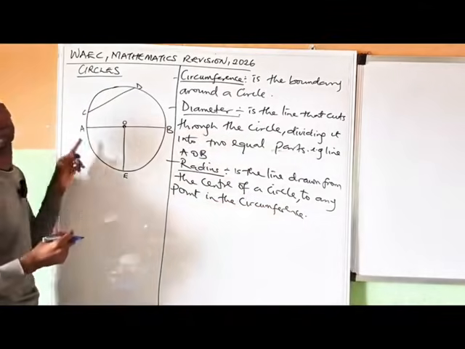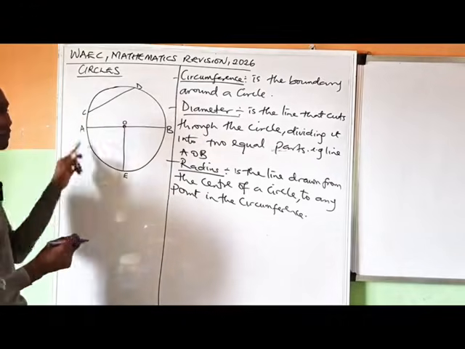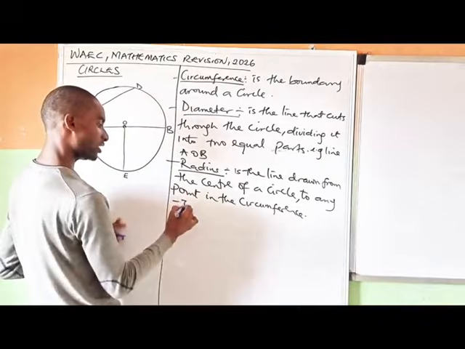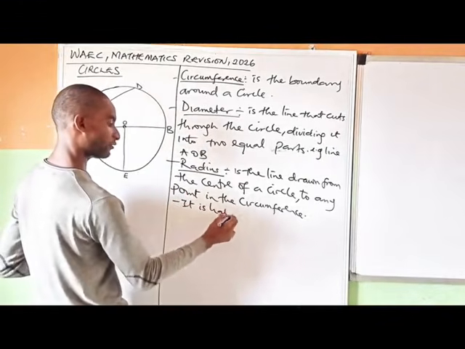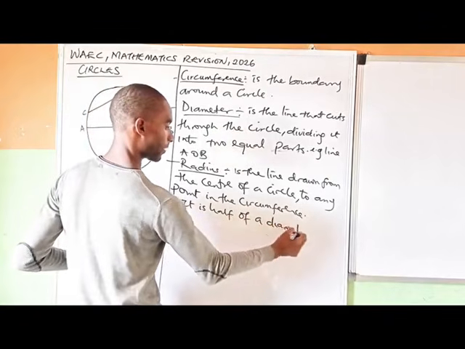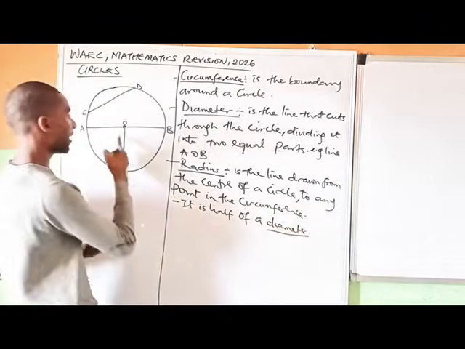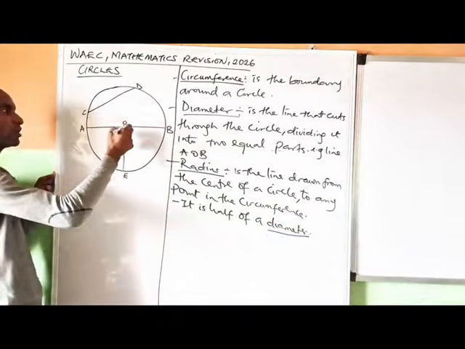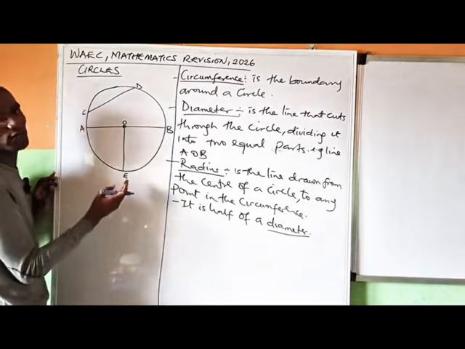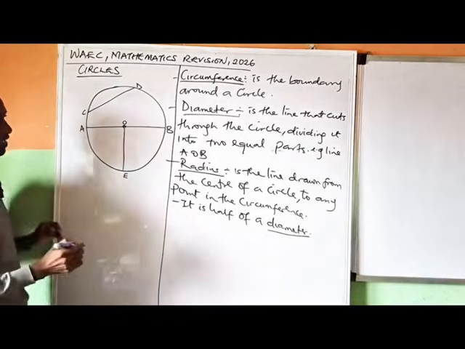Any point in the circumference, from the center to any point of the circumference. Now that's not all. You can also say radius is half of a diameter. So if I cut this diameter, this is a diameter, half of a circle. If I now cut the diameter into two equal halves, I have the radius. So radius is half of a diameter.